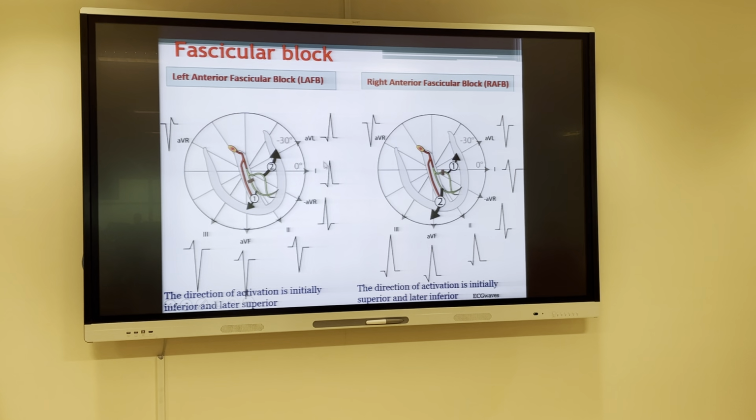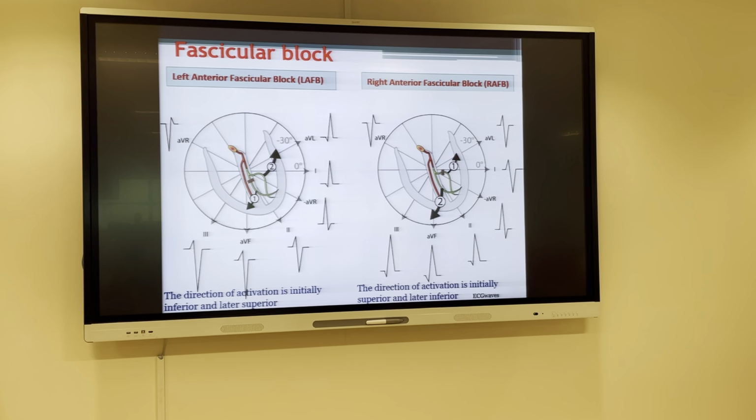If you look at lead 1 and lead 3, is it left axis, right axis or normal axis? Lead 1 is positive, lead 3 is negative, and in this case lead 2 will be negative too, so we're dealing with left axis.